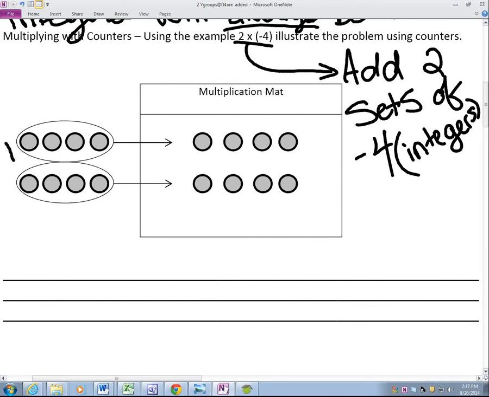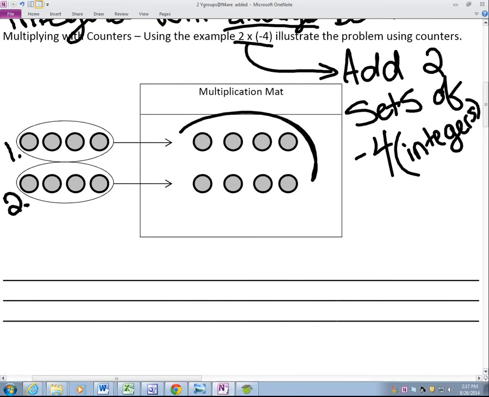So here's 1 set of -4 integers. Here's 2 sets of -4 integers. And what's left in our mat when we're done with that expression? -8, correct, because we have 8.